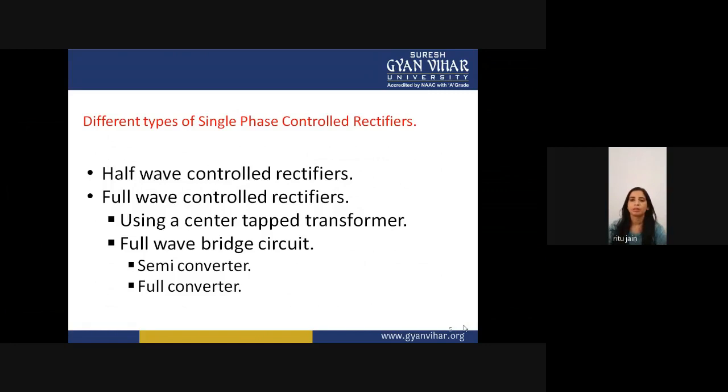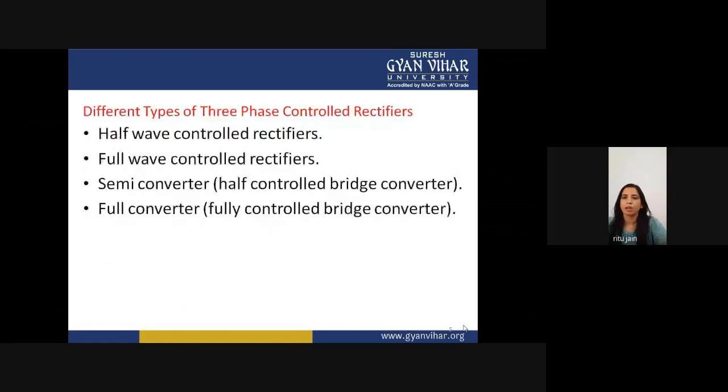So these are the different types of control rectifier: half wave control rectifier, full wave control rectifier using a center tapped transformer, full wave bridge circuit, semi converter, and full converter. Now, the different types of three phase control rectifier: half wave control rectifier, full wave control rectifier, semi converter, and full converter.